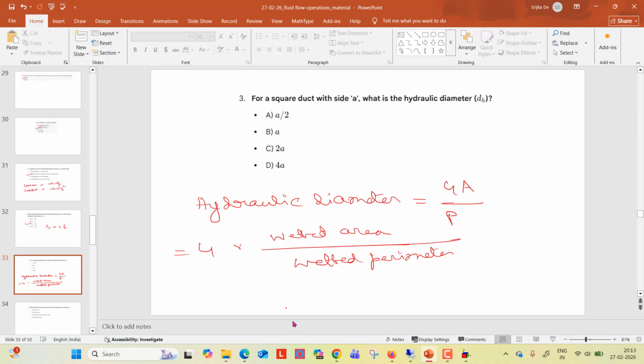So in case of a square with side A, area is A square, right? And the perimeter is 4A, which is coming as A only. It is option B.